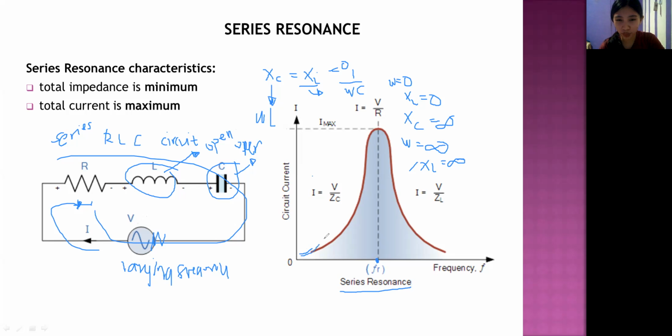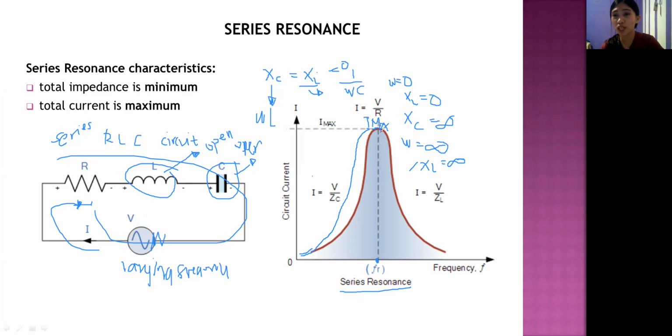As we go further toward the series resonance, the current increases, and at this point the current will be at its maximum value. This is the Imax.